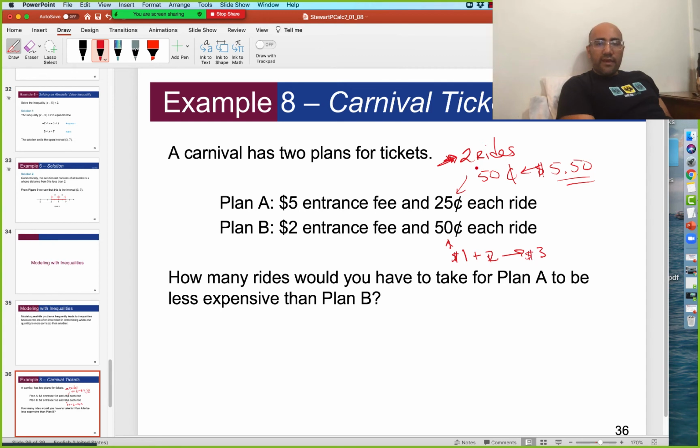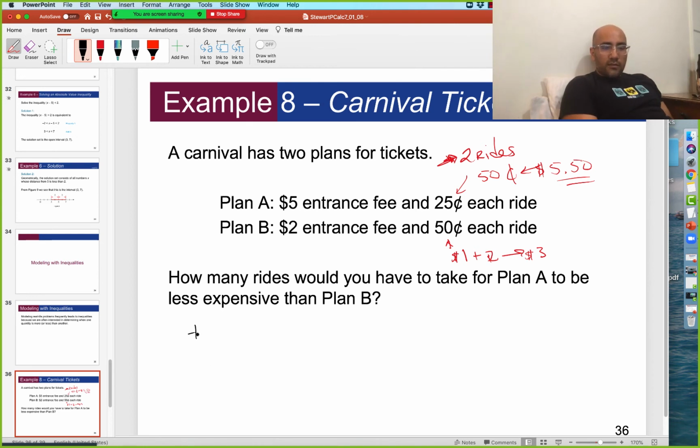So in the event that I'm only going to be doing 2 rides, clearly Plan B is better. But if I'm going to be doing a lot of rides, eventually this 50 cent per ride thing is going to get pretty expensive. So we want to set up some sort of inequality to figure out when they equal each other, and then when one plan is definitely smaller than the other plan. So this one should be fairly easy.